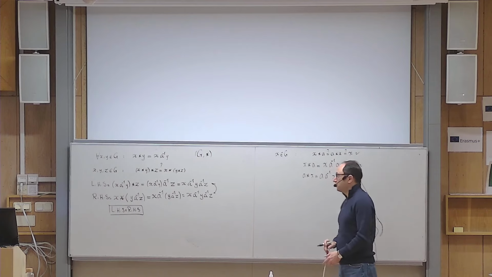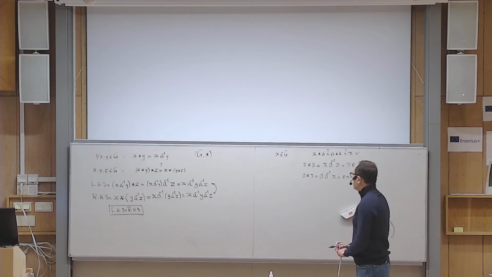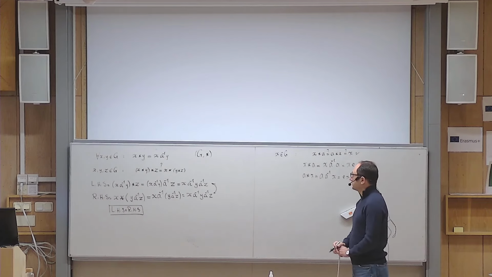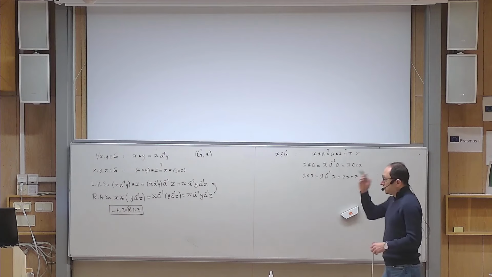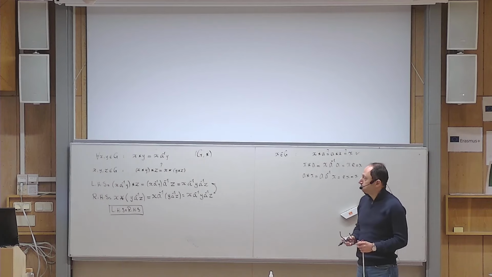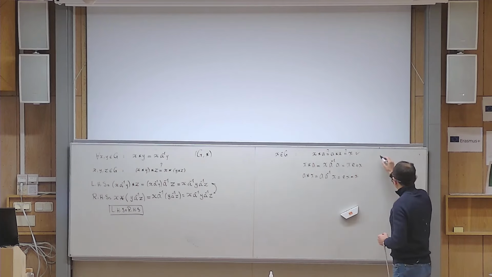But I haven't shown the full group axioms yet. So the next thing that I have to do is to check the inverse. Okay? For the inverse, if you can guess it, do your guess and then prove it. If not, you go to a scratch paper.